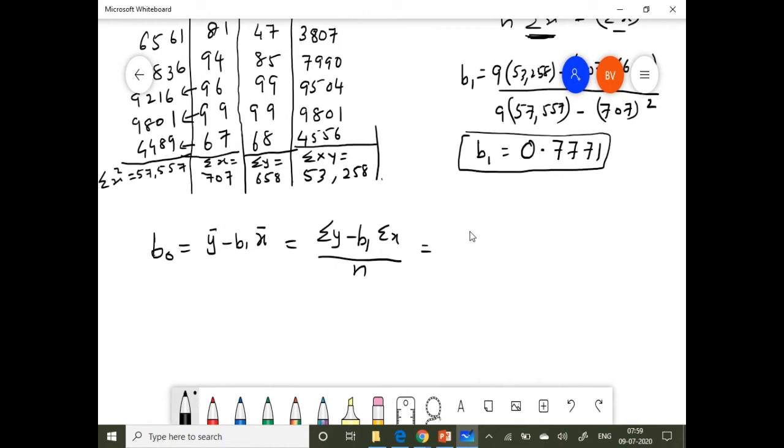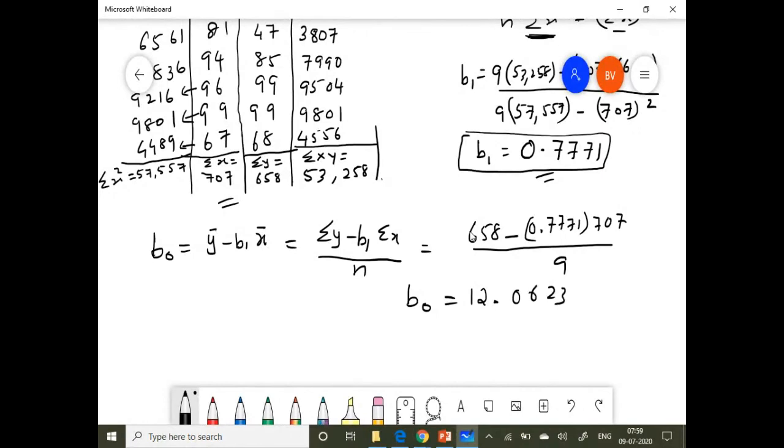It is given here, 658, minus b1, which is given here, 0.7771, times summation x, which is given here, 707, divided by 9. That will give you b0 is equal to 12.0623.